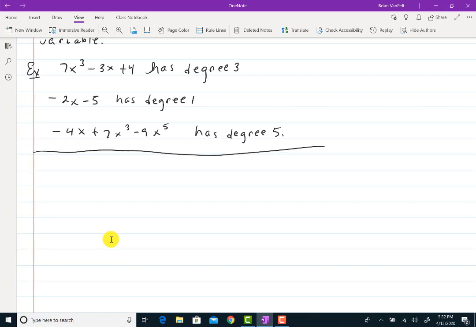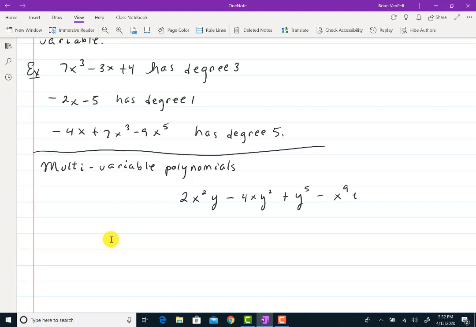Now, multivariable polynomials can look like this: 2x squared y minus 4xy squared plus y to the 5th minus x to the 9th y to the 3rd.